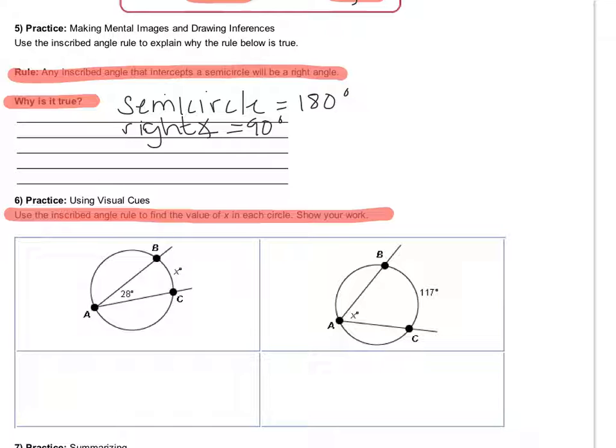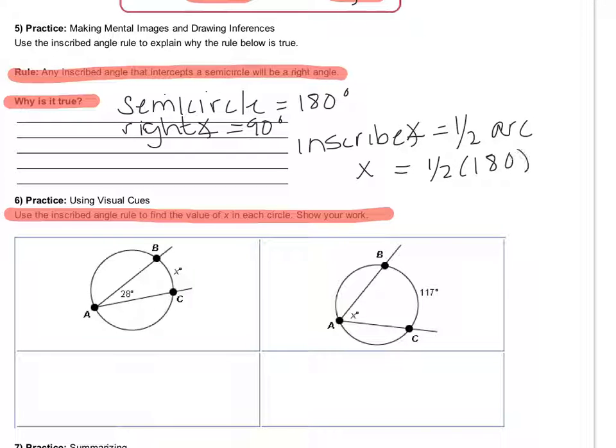As long as we remember that an inscribed angle is half of the arc, then my inscribed angle, which we don't know, is going to be half of my arc, and my arc is 180. So when I simplify that, my angle is going to be 90 degrees.